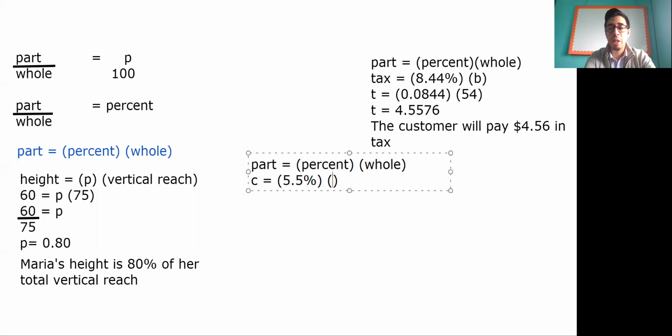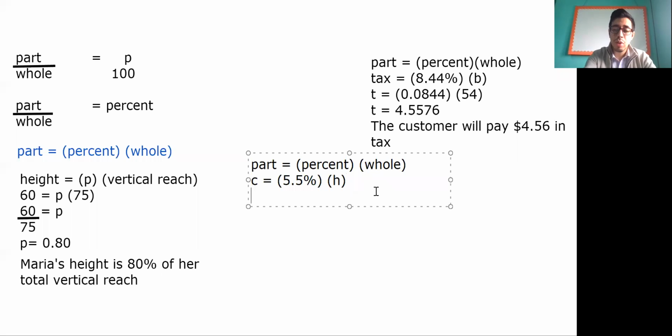And I'm going to multiply this by the whole. The whole is the price of the home, the original price. I want to know the price because I already have the commission and I know the percent, but I don't know the original price. And this is what I need to know. And I'm going to use the variable h to represent the price for the home.